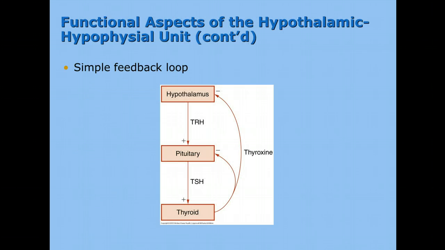The first thing I'd like to talk about is a simple feedback loop. This is really important to understand moving forward in your clinical chemistry education. There are many times where you're going to have to answer a question in a case study or something like this, and it's really hard to memorize what disease is present just knowing if the TSH or TRH levels are increased or decreased.